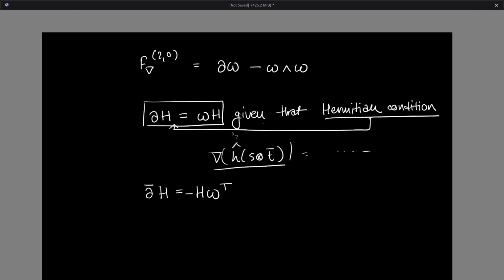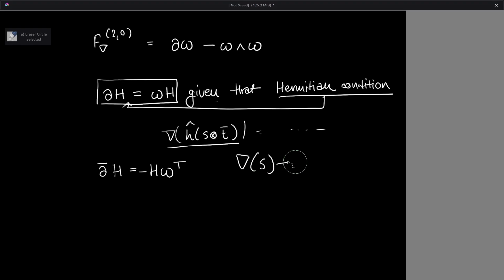yeah, so you just expand in terms of omega, like wherever you see nabla of some field, you expand that in terms of, like, instead of s we use e alpha, and instead of t we use e beta, and we just expand it out.